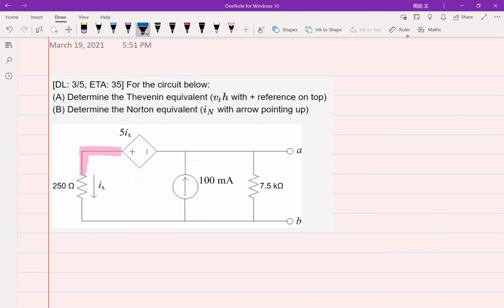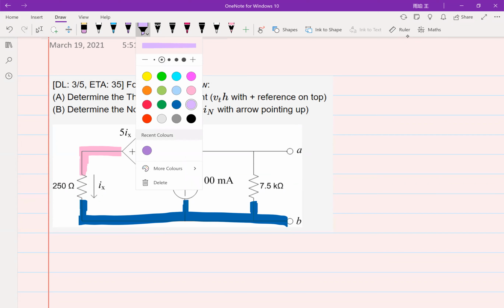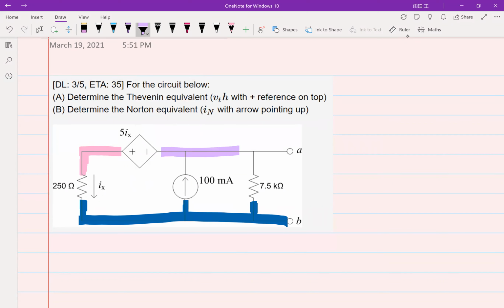This is what I'm going to call the ground node, and here is another node. Now let's name them. The ground node is connected to the ground, so it will have a reference voltage of 0 volts. So we have V1 here and V2 here.